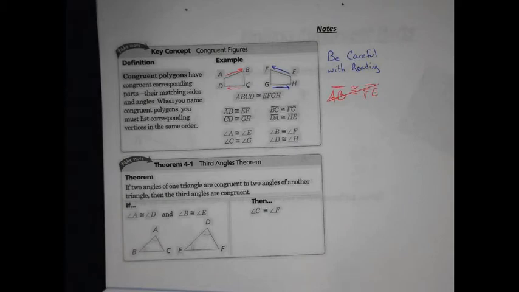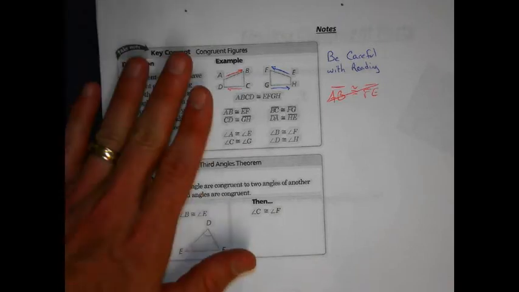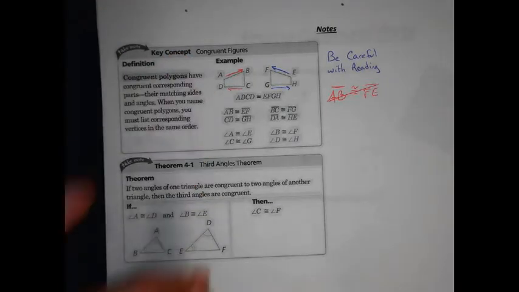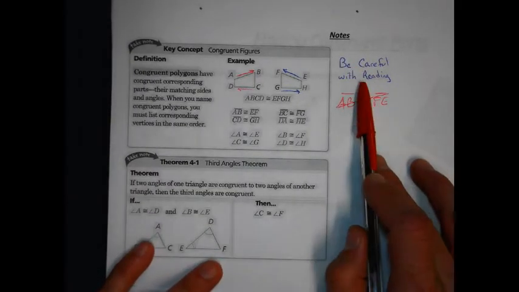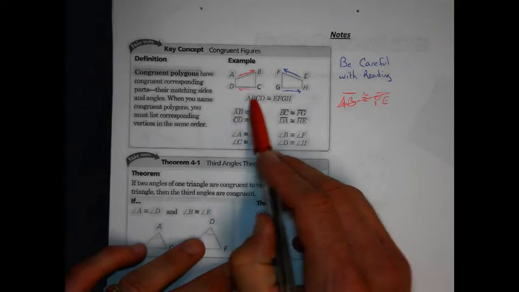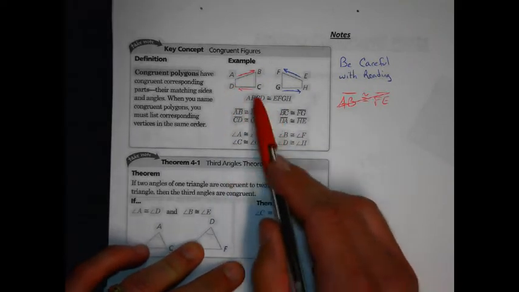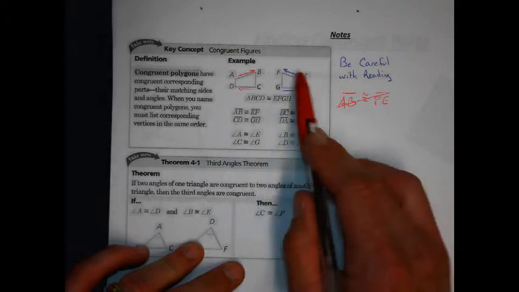It's so important how we read things. So that's the first key concept. When we look at congruent figures, the reading matters. So we have to be careful with how we're reading the shapes. It's so important to note. So this is figure ABCD, and this is figure EFGH.